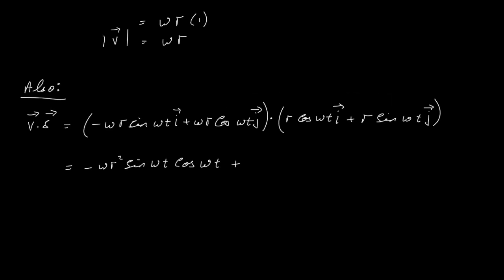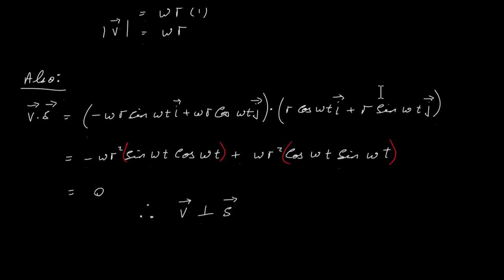So again, we've got omega r times r. We've got cos omega t times sine omega t. If we look at this, we have minus omega r squared sine cos, and we have plus omega r squared sine cos, or cos sine here. So we do in fact get 0. Therefore we can say that the velocity vector is perpendicular to the displacement vector.